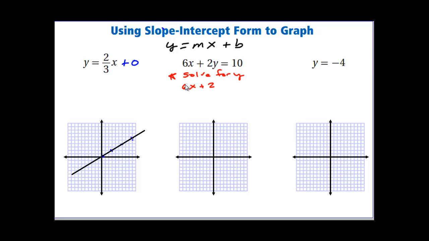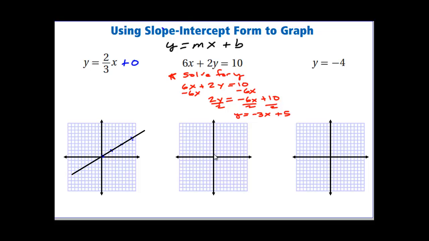Let's go through and do this. 2y equals 10, I'm going to subtract 6x, and then we're left with 2y = -6x + 10. We're going to need to divide everything by 2, and I'm going to be left with y = -3x + 5. And now it's in slope-intercept form.